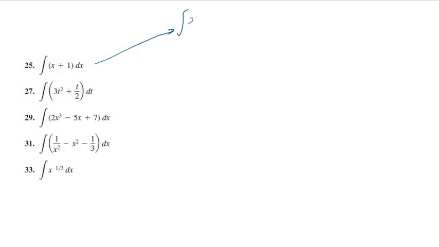The integral of x plus 1 dx is equal to: when we integrate x to the power 1, we get x squared and we divide by 2. So we add 1 to the power and divide by that, plus x, since 1 means x to the power 0. So we get x here plus c.